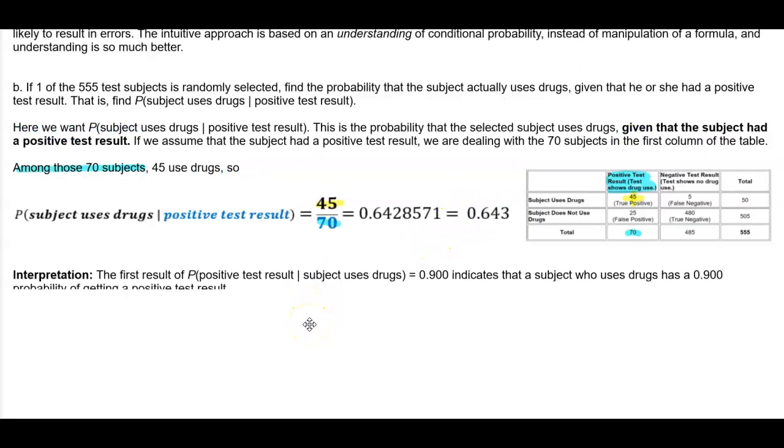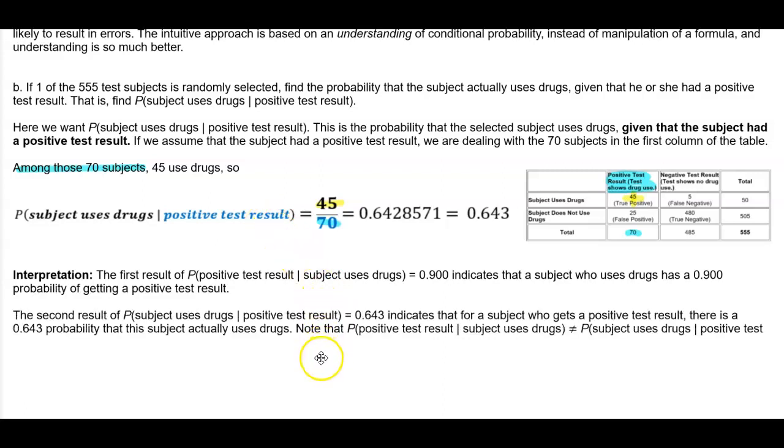So now let's take a look at the interpretation of Part A and Part B. For Part A, the first result, the probability of a positive test result, provided that the subject uses drugs, was equal to 0.900. This indicates that a subject who uses drugs has a 0.900 probability of getting a positive test result.